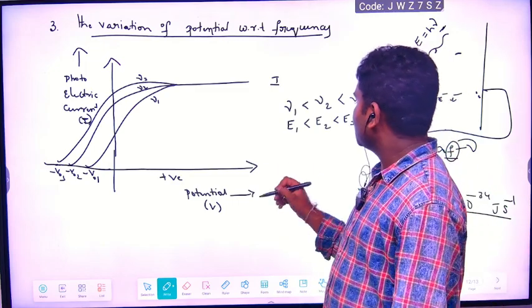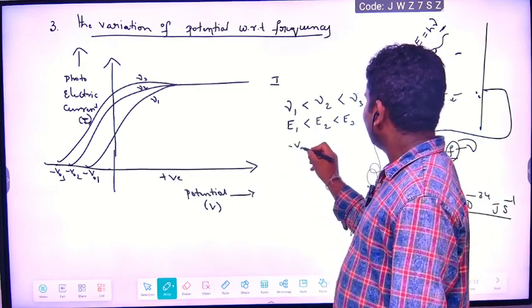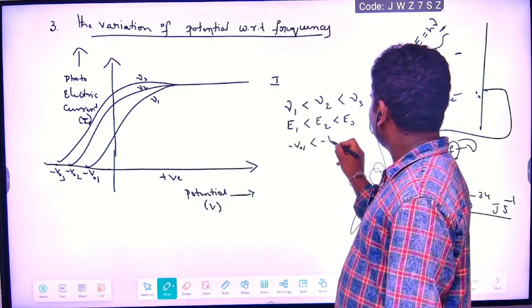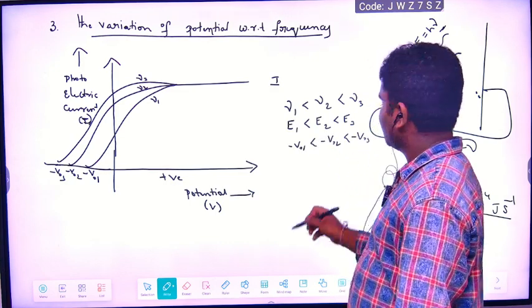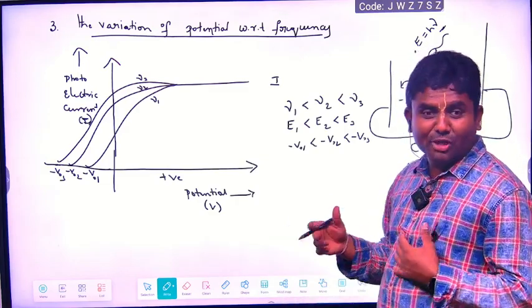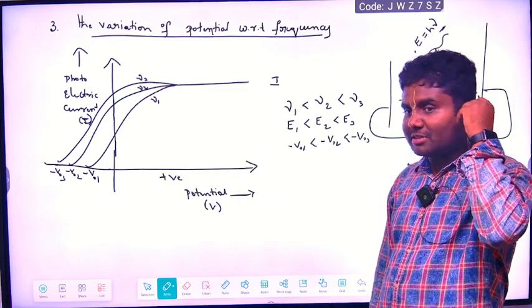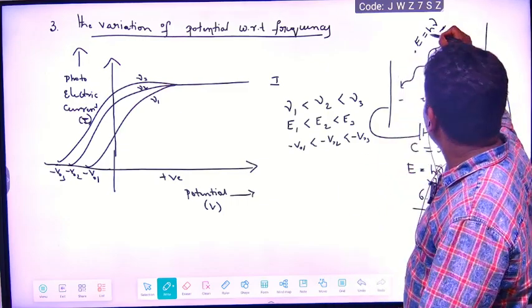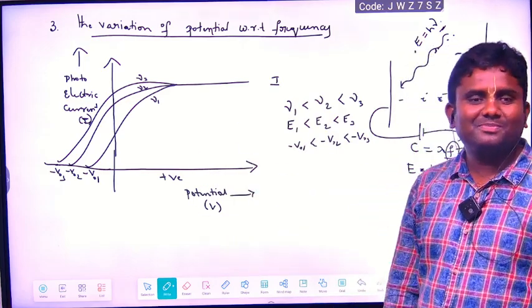Definitely the stopping potential for E1 is less than E2, which is less than E3. That means you need to apply the maximum negative potential for the highest frequency. For example, if the incident light ray has maximum frequency, that means maximum energy, and the stopping potential is also maximum.